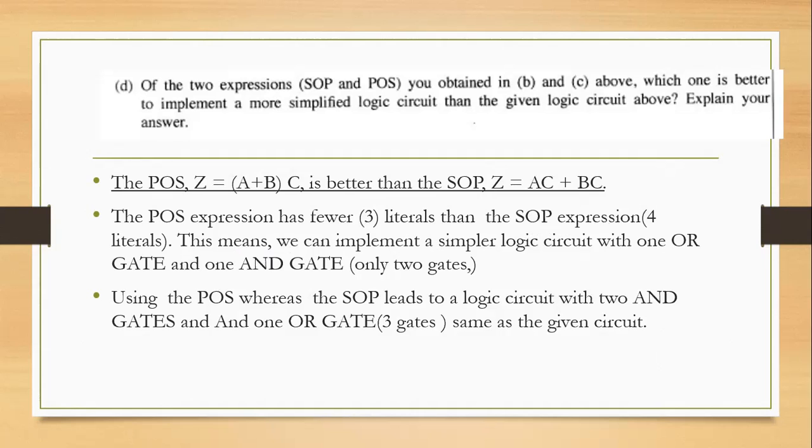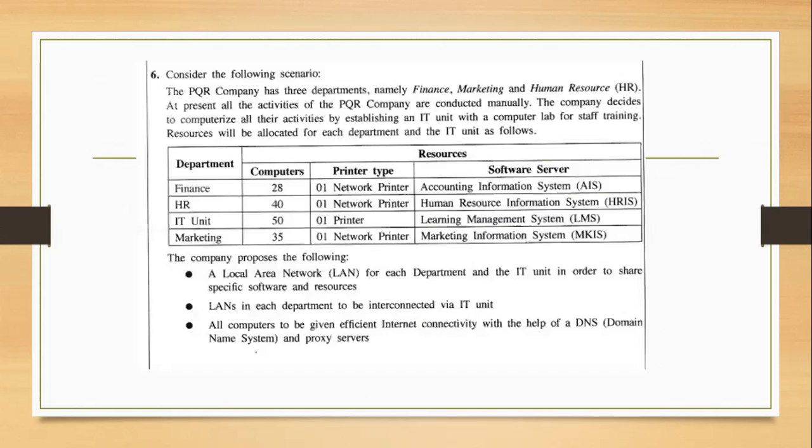So only 2 gates are needed using POS, whereas the SOP leads to a logic circuit with 2 AND gates and 1 OR gate. So 3 gates are needed. So the better one, which needs only 2 gates, is POS.